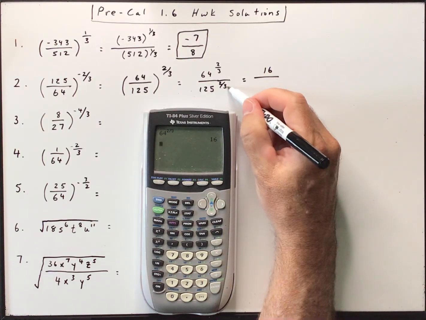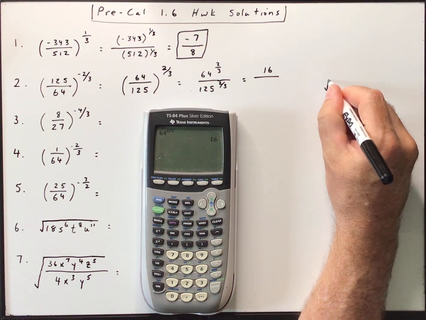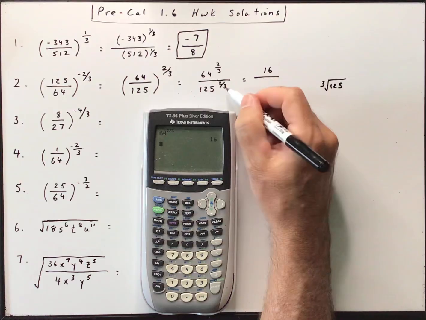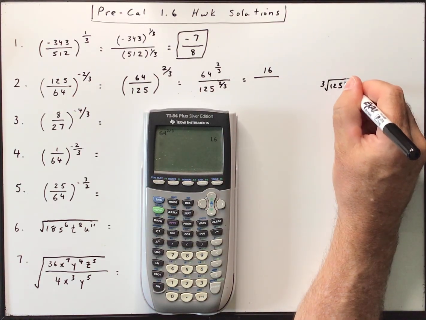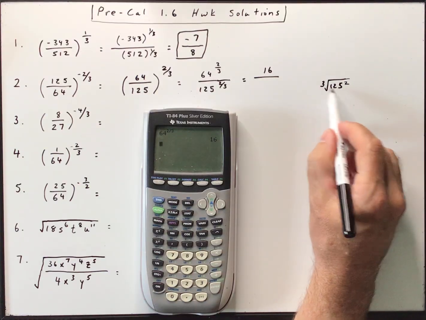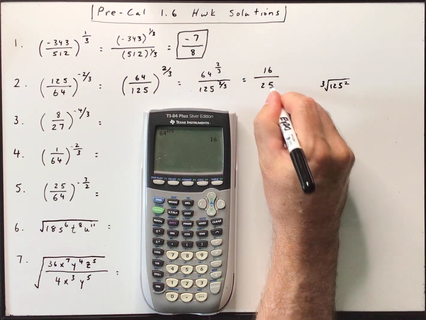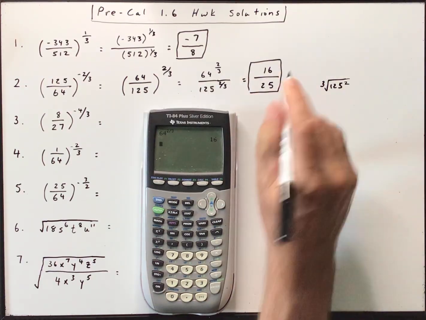The cube root of 125, so again, the way you would write that out is the 3 in the crook of the radical, and then the 125 is squared. So the cube root of 125 is 5, and then 5 squared is 25. So that is 16 over 25.